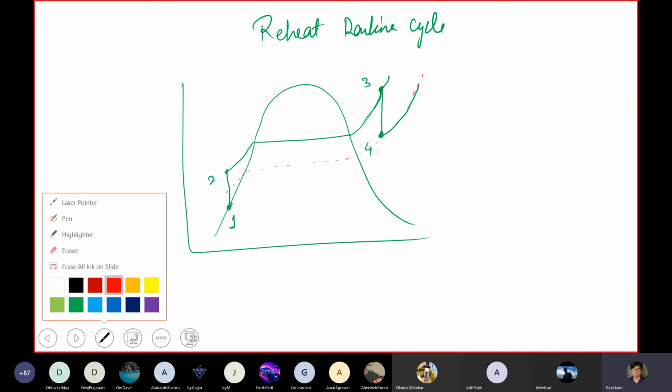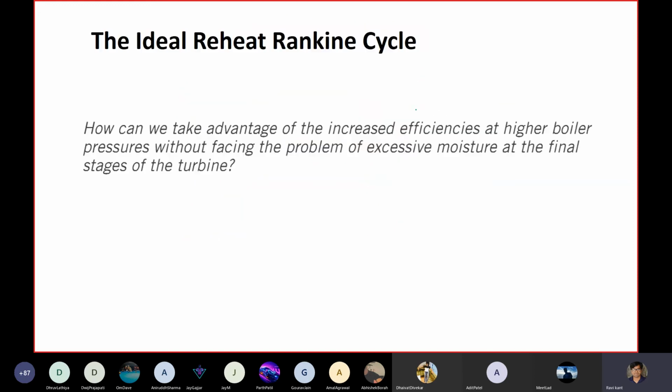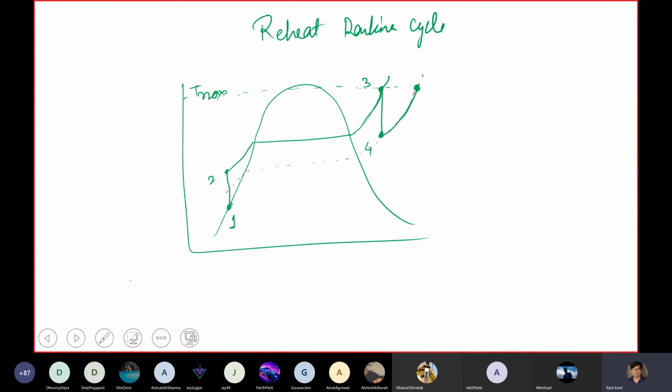It will go somewhere here, and we should not cross the material limit of the turbine, the maximum it can reach. And we can come back to some place here. So this is actually a parallel line.